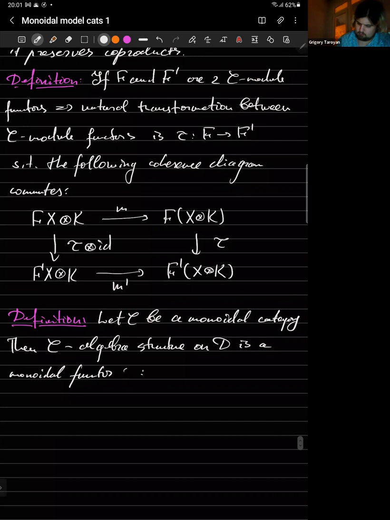So it could be a monoidal functor from C to D, which is akin to the unit in usual algebra.